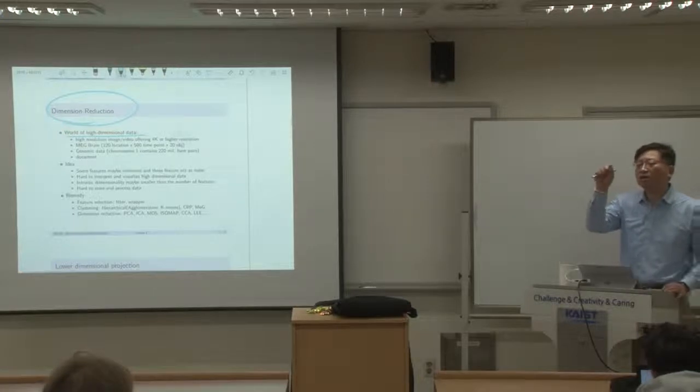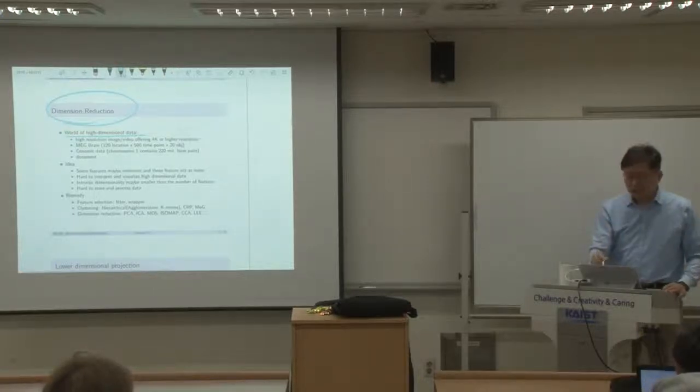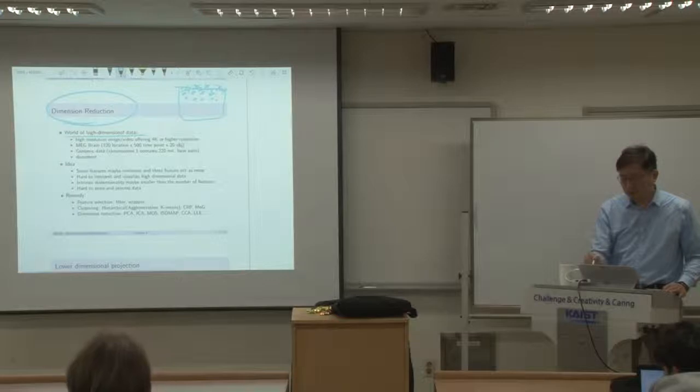You can think of each image as composed of pixels, so it's x1, x2, x3, x4, and so forth, and you can write this as a vector.